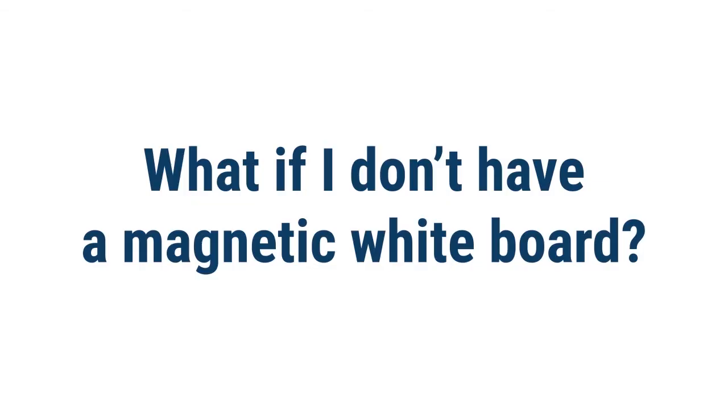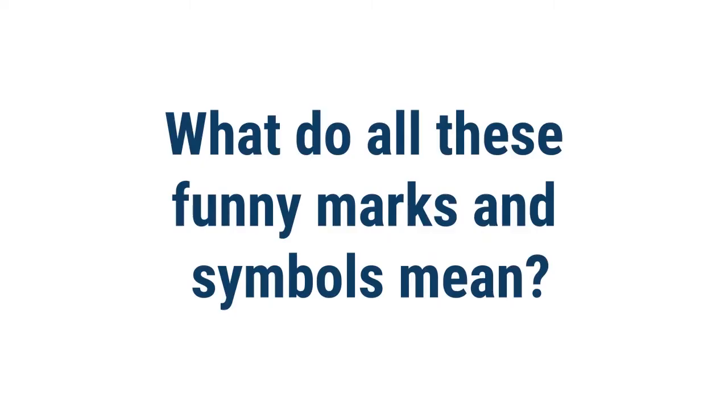What if I don't have a magnetic whiteboard? A magnetic whiteboard makes it easier and faster to set up for your reading lessons. But if you don't have a magnetic whiteboard, you can set up the letter tiles right on your table. What do all these funny marks and symbols mean? As a shorthand way to represent the sounds of letters in this teacher's manual, we use slashes.